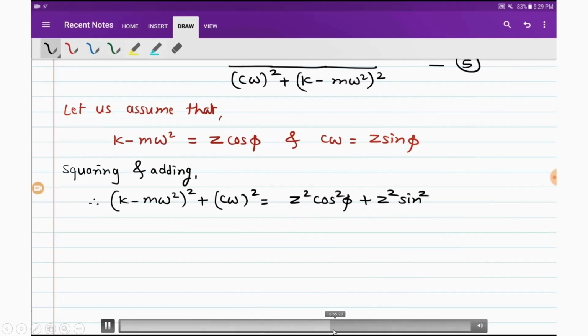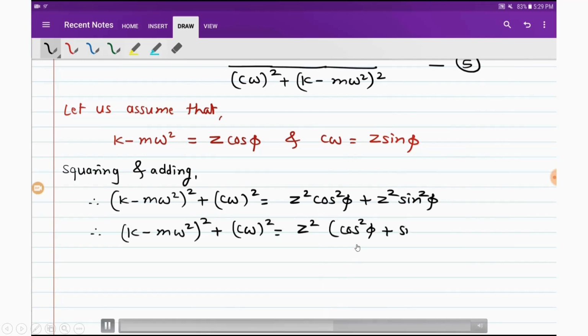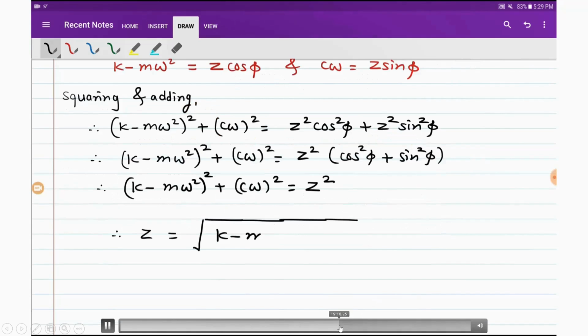If you take z square common on the right hand side, then it is cos square plus sin square, which is nothing but 1. So we can say that the value of z will be equal to, we have to take square root on both sides. So square root of z square is z, and here it will be square root of k minus m omega square of that plus c omega bracket square. So this is the value of z.